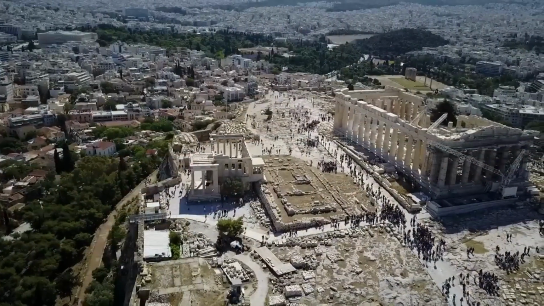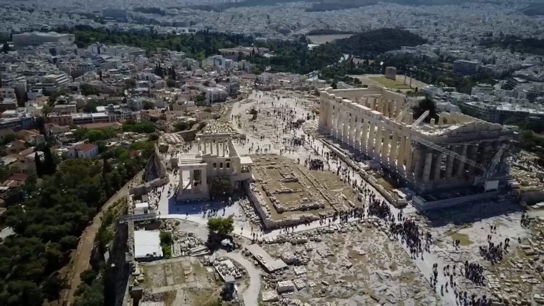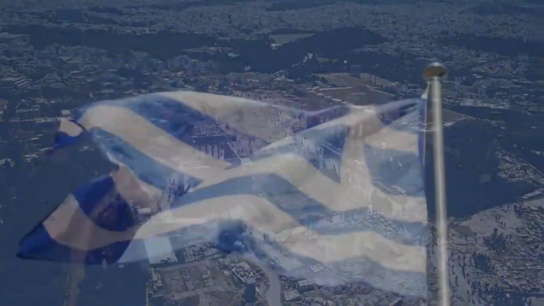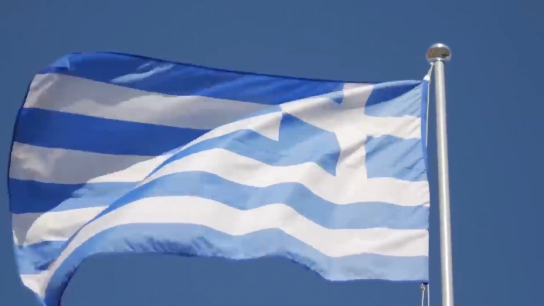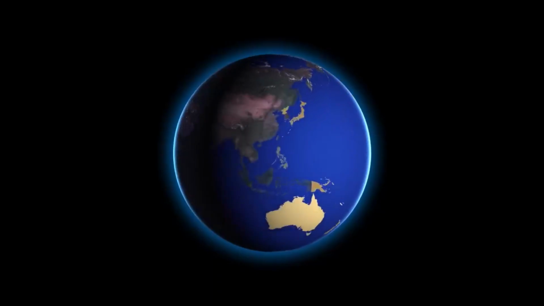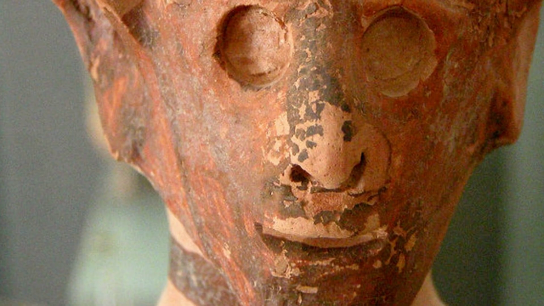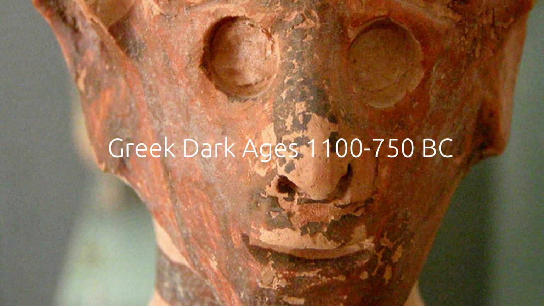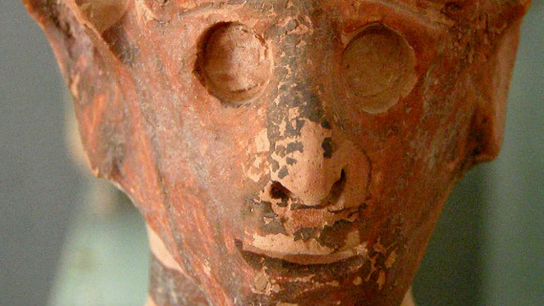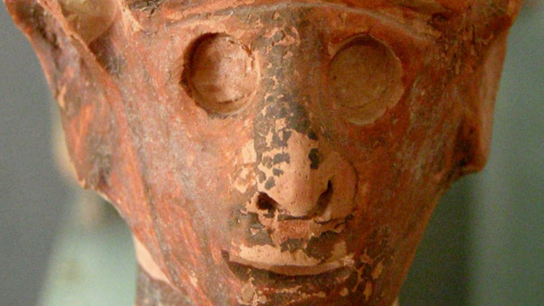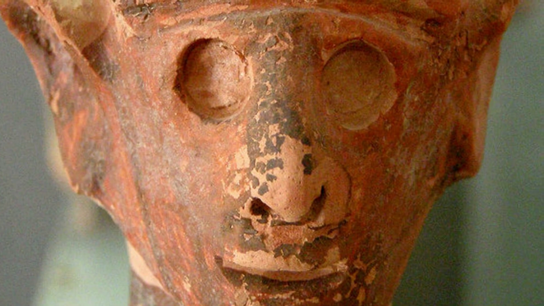Now, obviously, going this far back in time, there is more of a lack of historical record, such as written or other archaeological records, to be found, and this does not improve when we consider the next phase of ancient Greek history, namely the Greek Dark Ages, ranging from 1100 to 750 BC, which immediately follows from the collapse of the Mycenaean civilization around 1100 BC, bringing us into the Greek Dark Ages.